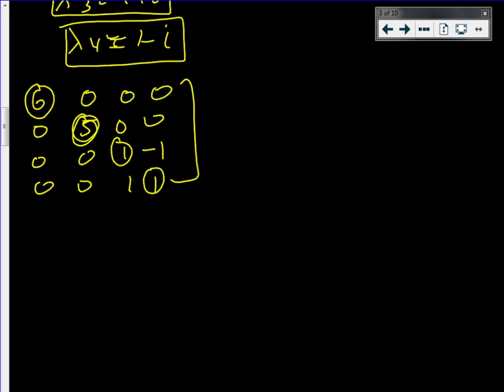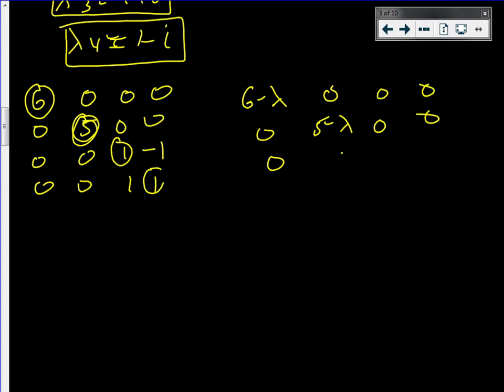Let's see how much I can play with this. So what I really want is 6 minus lambda, 0, 0, 0, 5 minus lambda, 0, 0, 0, 0, 1 take away lambda, and 0, 0, 0, sorry, 1, 1 minus lambda. Okay. Let's get rid of that.